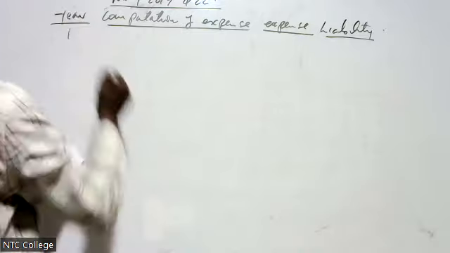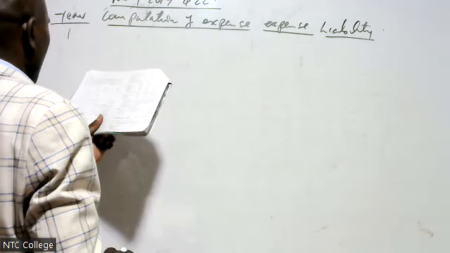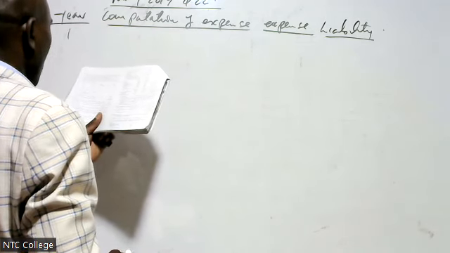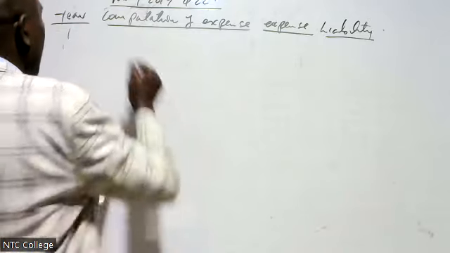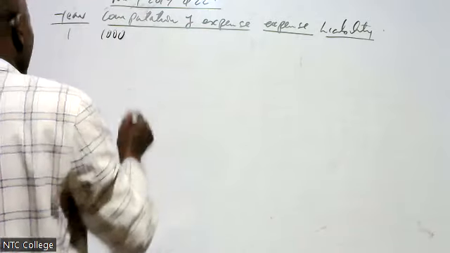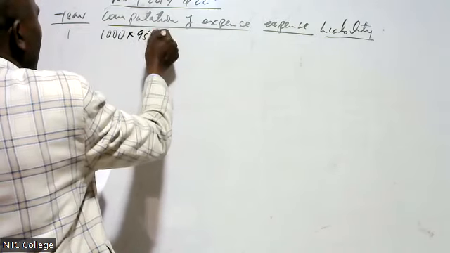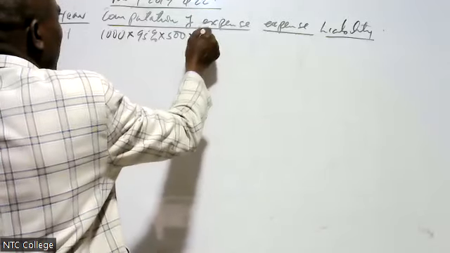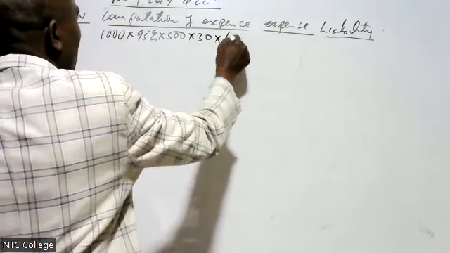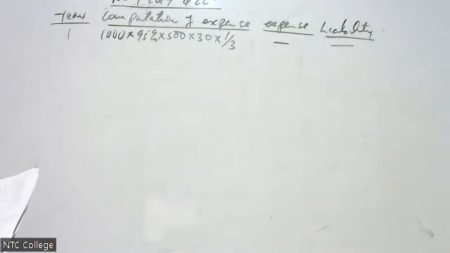Now, when I'm in year 1, Commonwealth Limited has 1,000 employees with 500 share options each. In year 1, we estimate that 5% will leave, so 95% will remain. Then times 500 share options, times 30, times 1/3. Then you give me these 2 items.